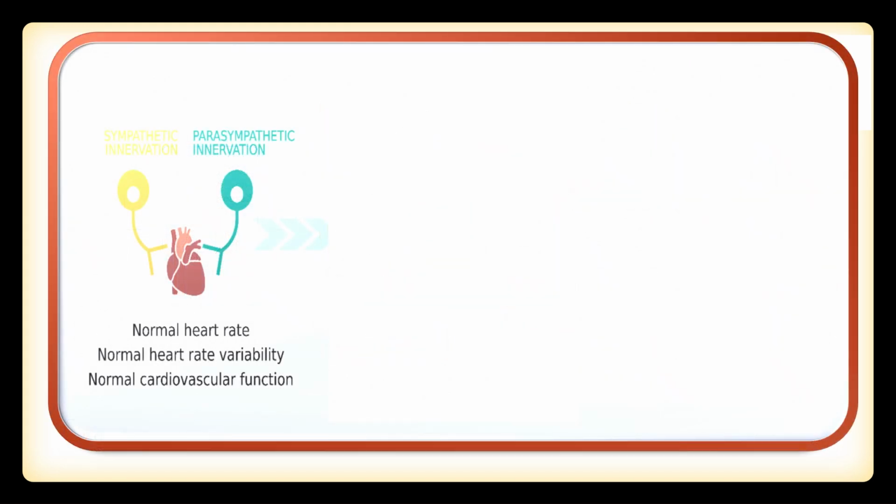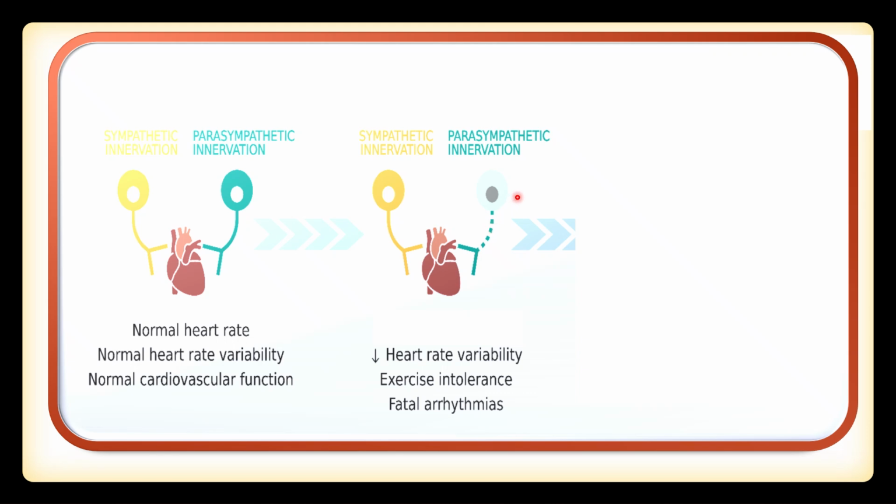With an intact baroreceptor reflex, the heart rate and heart rate variability will be maintained normal. Now we will see what will happen when there is damage to the parasympathetic innervation. There will be a decrease in heart rate variability, and also there will be exercise intolerance, and fatal arrhythmia can occur.